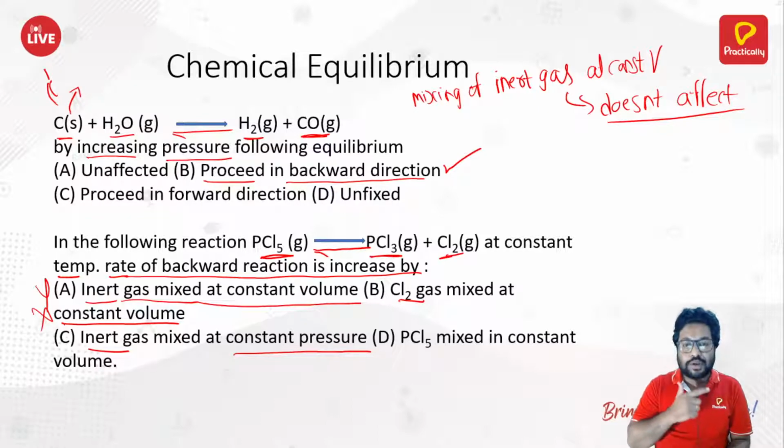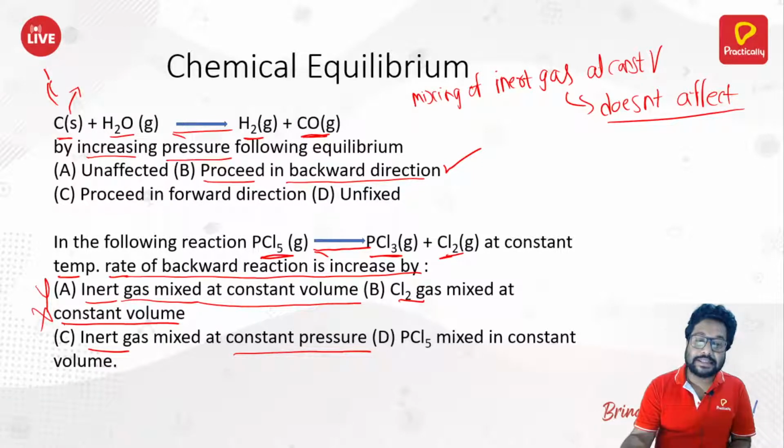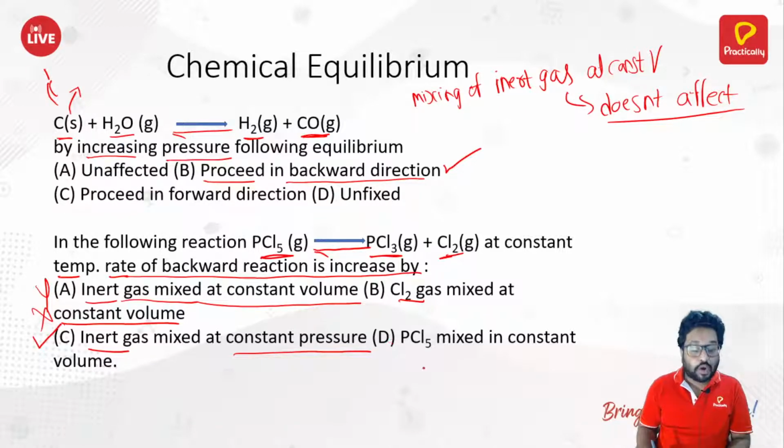If the total number of moles is increasing, the system will try to go in that direction where the number of moles is decreasing. And the number of moles is decreasing in the reverse direction here. And that is what we want here. That means the rate of backward reaction is increased by C, not also D.